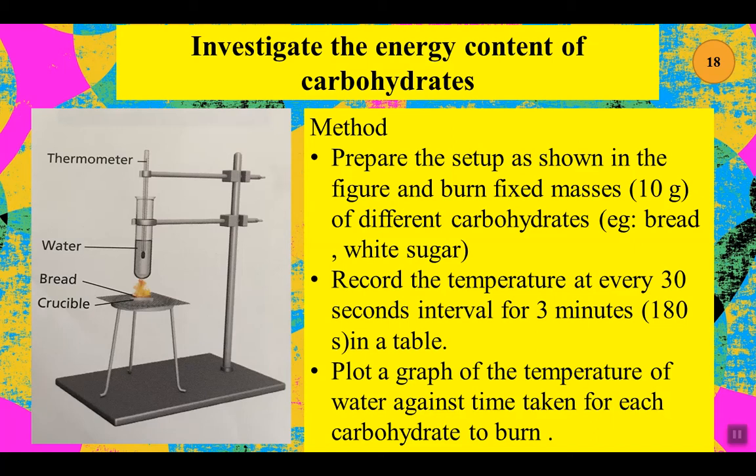We have to prepare a setup shown in the figure, and we can burn fixed masses of different carbohydrates, for example, bread, white sugar. We have to take equal amounts of these carbohydrates. Then we can record the temperature at every 30 seconds interval for 3 minutes. That means for about 180 seconds.